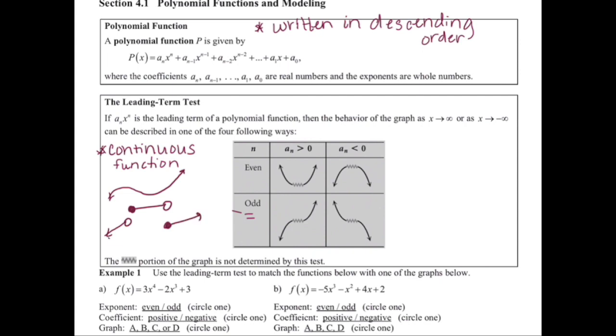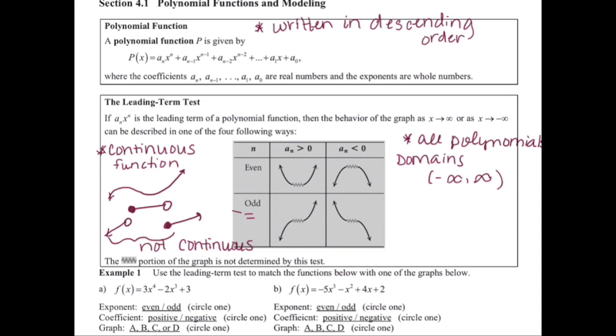This is an example of not continuous. Also fun to note that all polynomials, their domains are all real numbers.